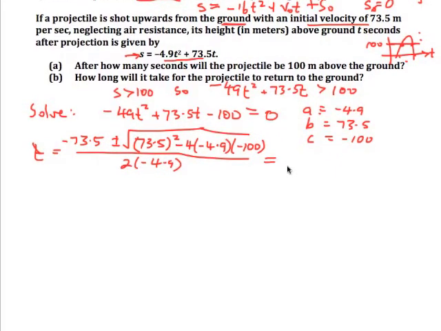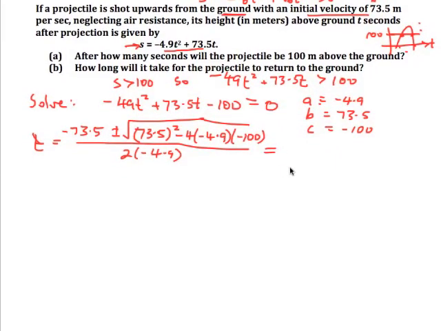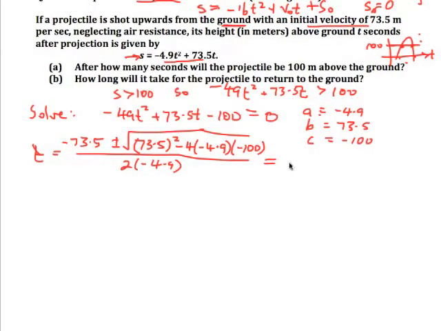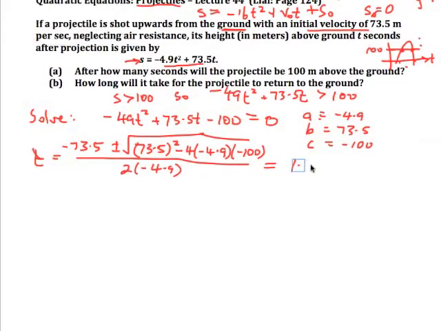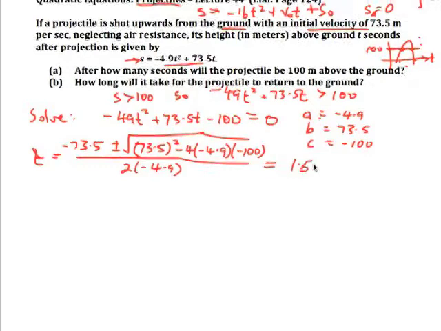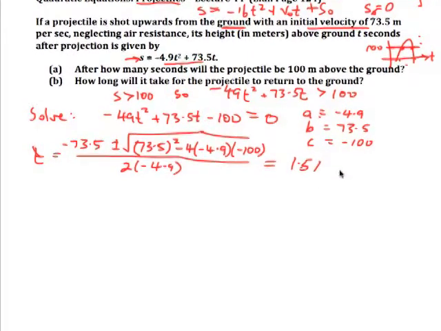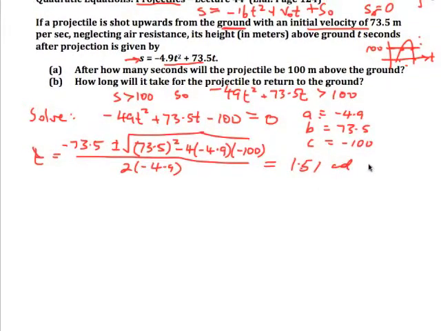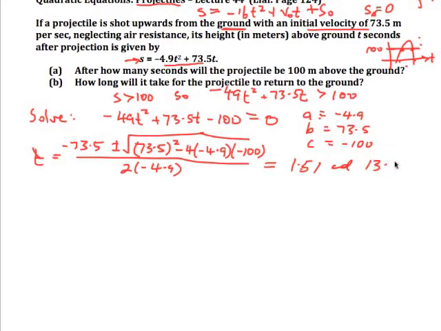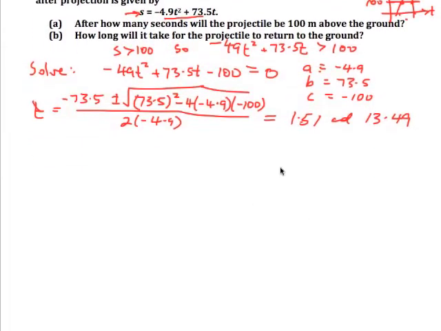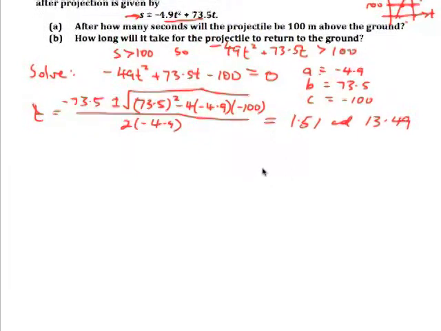We'll do that by calculator, and we end up with 1.51 and 13.49, rounding off to 2 decimal places.